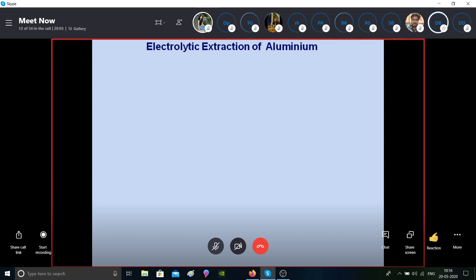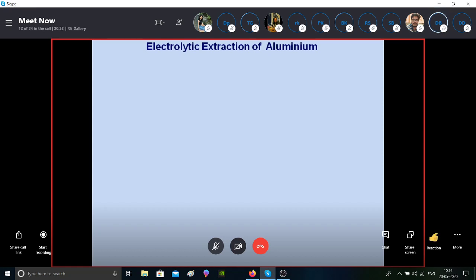Okay, and then my second reason is that the entire extraction process of aluminium is very unique in the sense that it involves hydrometallurgy and electrometallurgy. Part of it is hydrometallurgy, part of it is electrometallurgy at relatively high temperature.